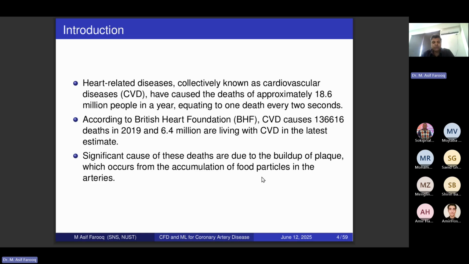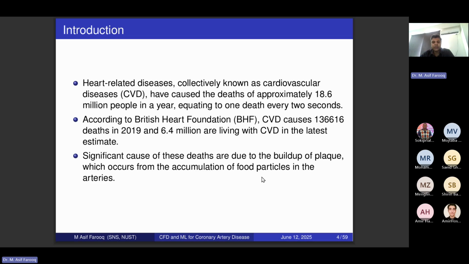What is the reason for so many cardiovascular disease patients, not only in each country, but all over the world? The reason is your lifestyle, the food you eat, which contains cholesterol and oil and other things.